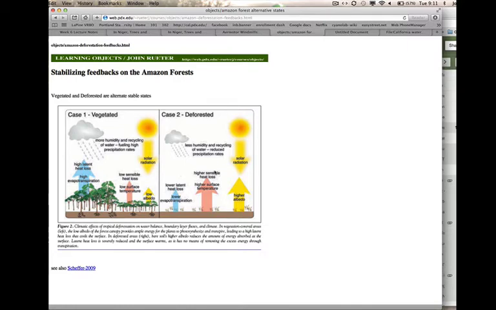Whereas in a deforested watershed, you have less loss from evaporation and transpiration. You have more reflection, so you think it's like a lower energy budget. But what you do have is just less humidity, and that humidity never reaches a critical point where it rains back, and that is just taken out of the landscape. So in the vegetated cycle, you keep the water in the ecosystem.